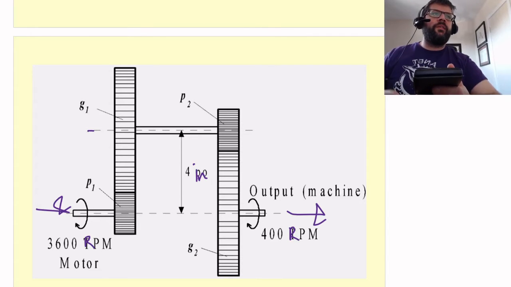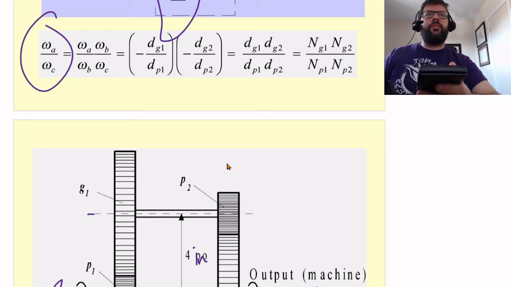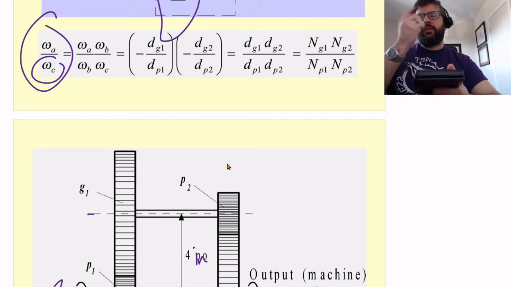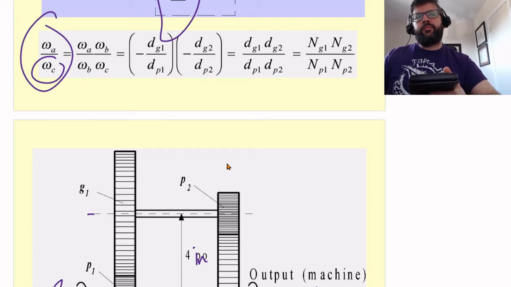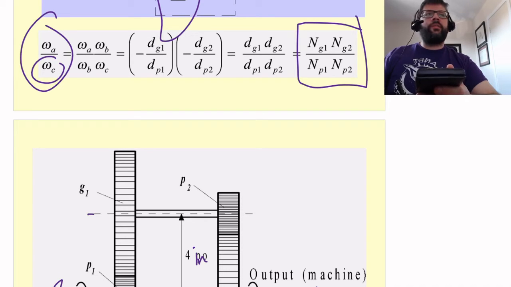So what we want then, scrolling up here, we know that our input rotational speed divided by our output speed is 9. That means that this relationship needs to be true.